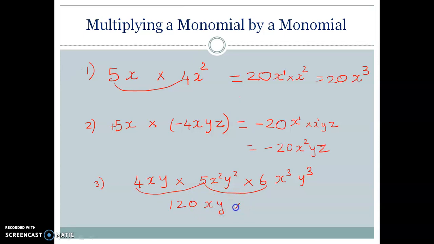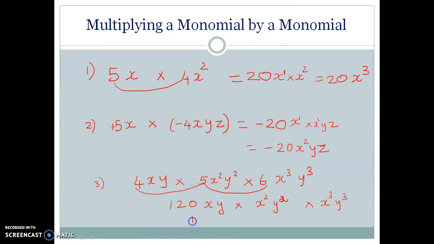xy into, see I leave some gap so that you will identify that I write each and everything from one term. See this xy from the first term, this x squared y squared from the second term, and here x cube y cube.